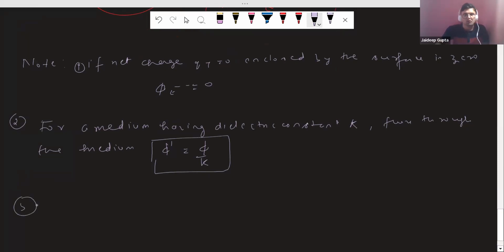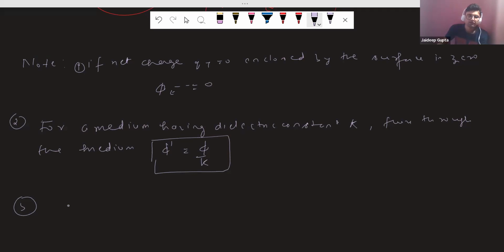Yeah. Okay. Remember one more thing, Iram. If I ask you, if the total charge enclosed by the closed surface is zero, will the electric field be zero or not? Yes. But why? Because the charge is zero, right? So how can any electric field be produced?